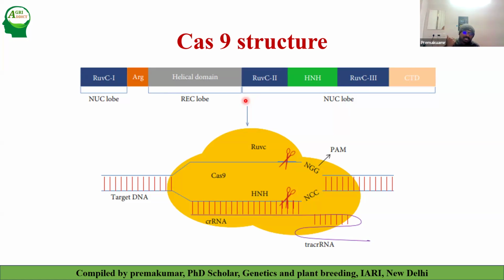NGG means N is any base, either A, T, G or C, then GG. The frequency of occurrence is very high. There are also studies on how frequently NGG occurs; the occurrence of any PAM sequence is very high. It is not that much of a problem. But if you are so unlucky that you don't have any PAM sequence, I would have to think. I don't know that.